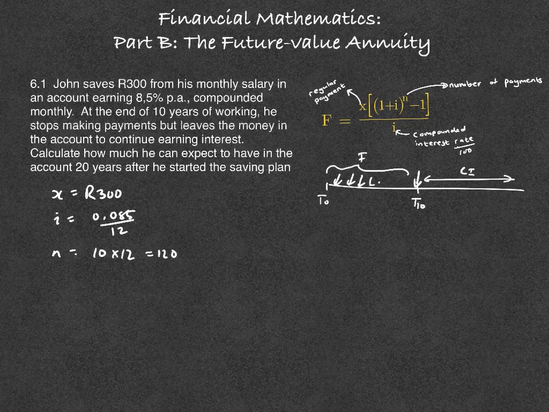Right, and we need to work out first of all the amount, this part here, the future value, how much money we'll get from that annuity that's now going to grow with compound interest. So let's look at this.